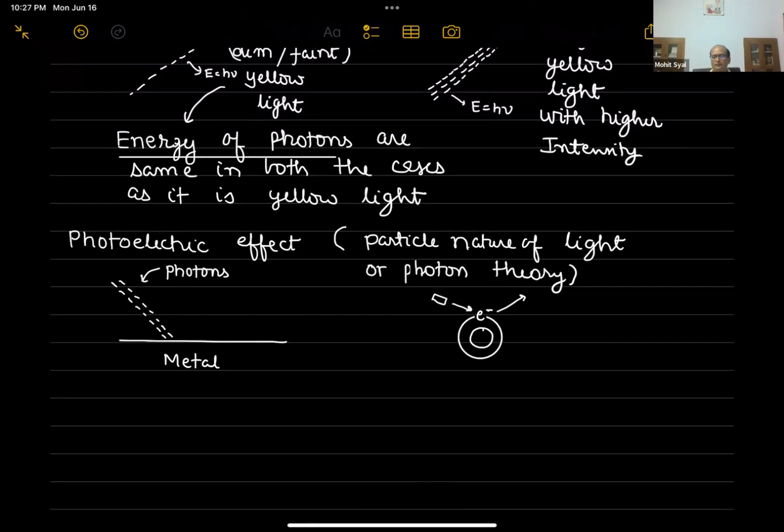Is it clear? You will see the emission of electrons from the surface of the metal.